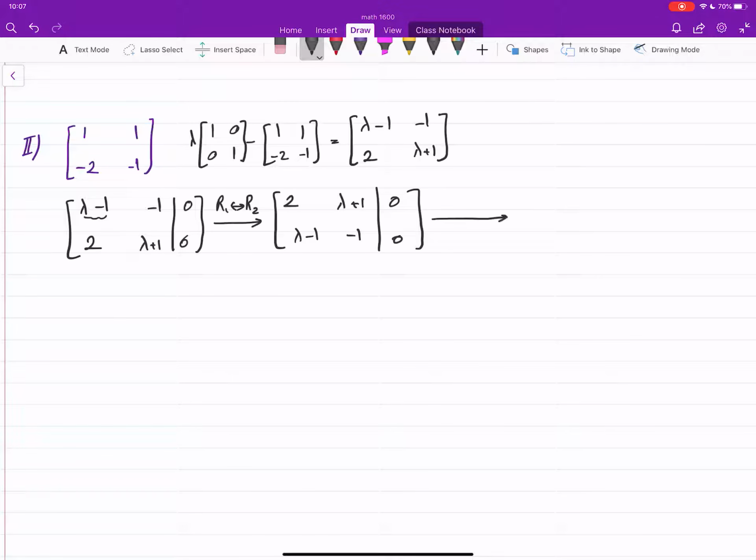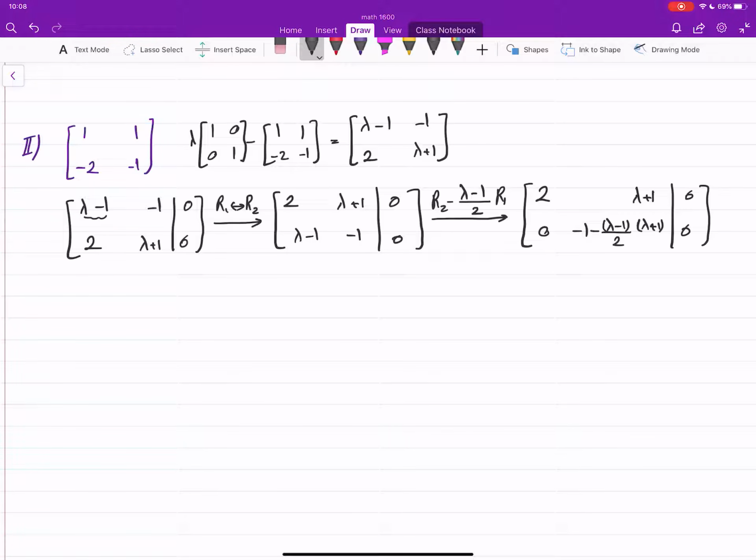Now, row 2 minus row 1 divided by 2 and then multiplied by negative of lambda minus 1. This way you will have a 0 here, or negative 1 minus lambda minus 1 over 2 times lambda plus 1. 0, 0, and this is lambda plus 1, this is 2.